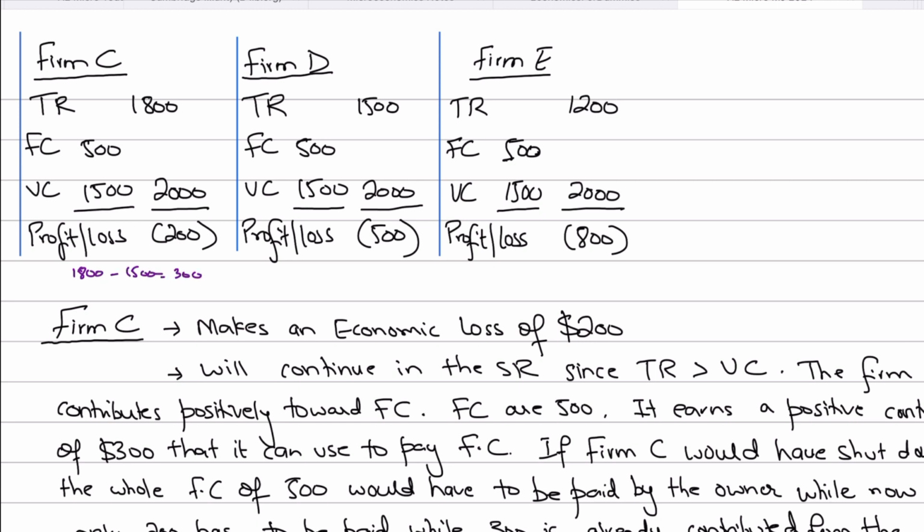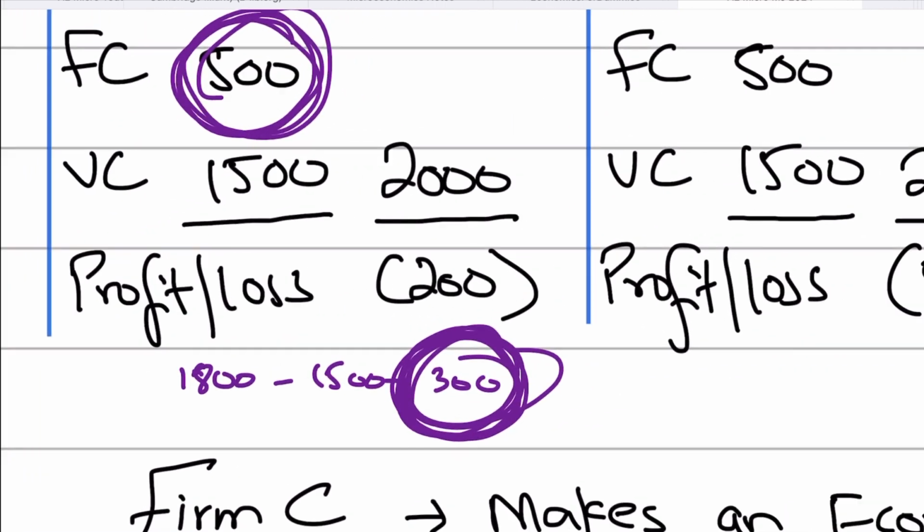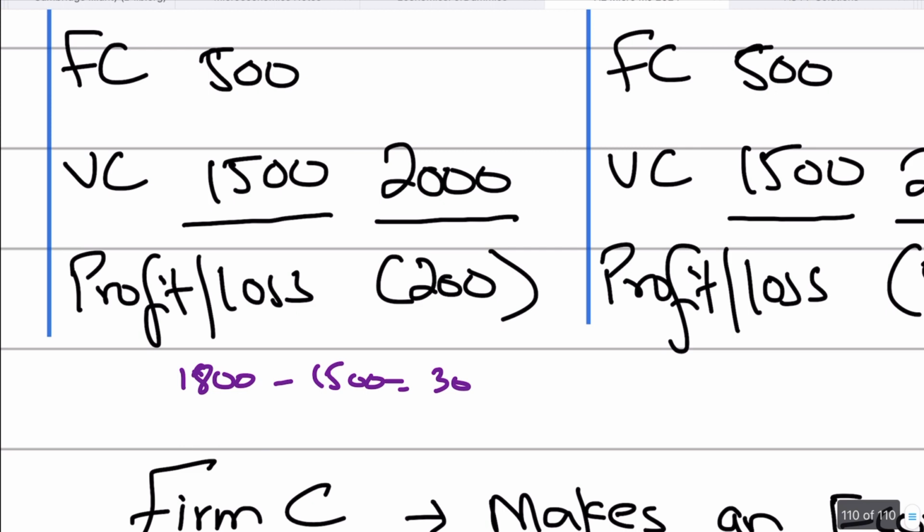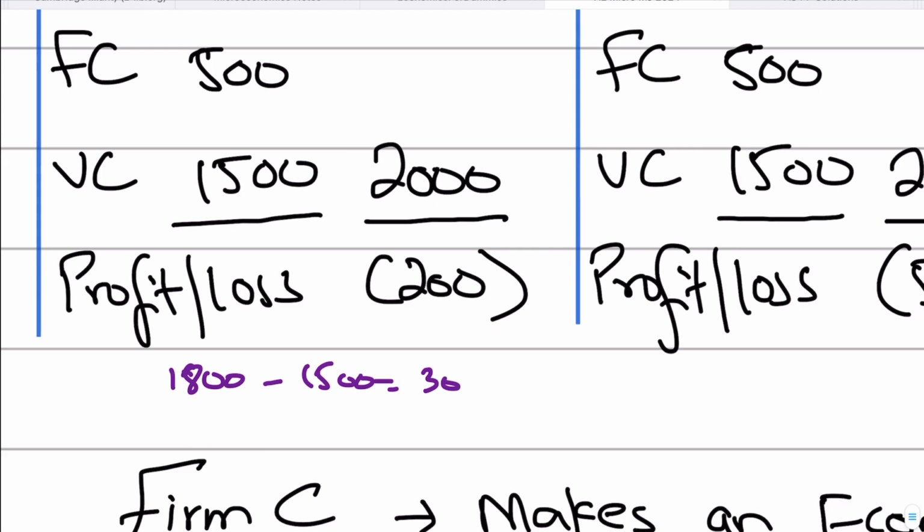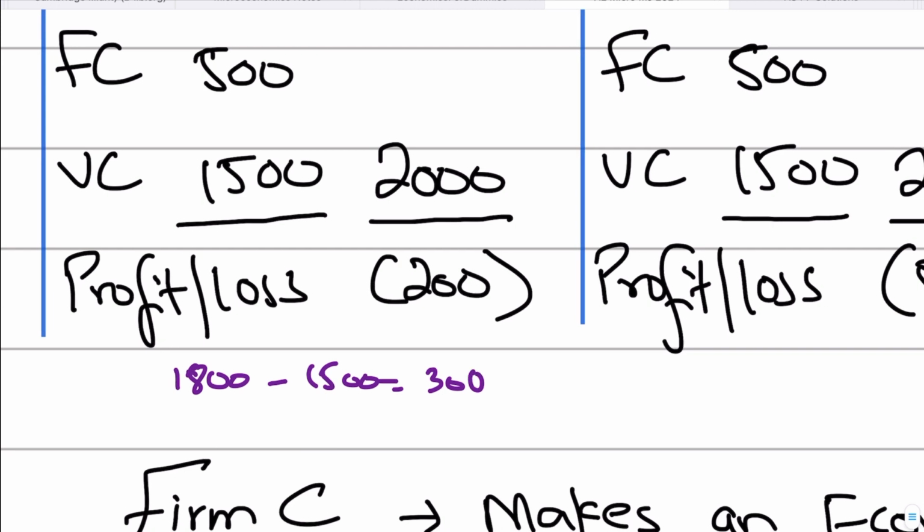This contribution of 300 will be used by the business owner to pay the fixed cost of 500, and now the owner will only have to pay $200 of fixed cost from his own pocket. You can see that the loss is 200 as well, because out of that 500 fixed cost, 300 is covered by the contribution, while 200 is paid from the owner's pockets.